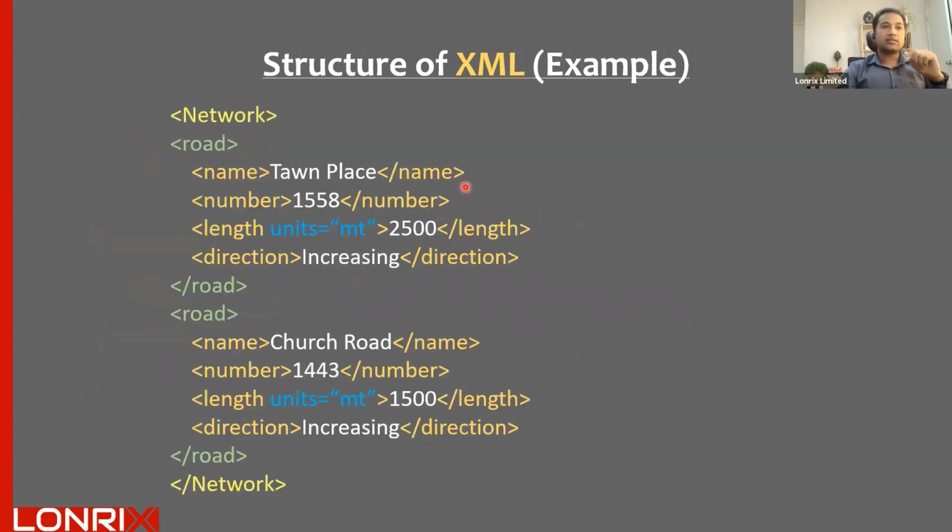And this is another example where my root element is network, but here I've represented multiple roads in the same network with different names, numbers, and length and direction. The power of XML is it does not dictate what goes into elements like other markup languages.